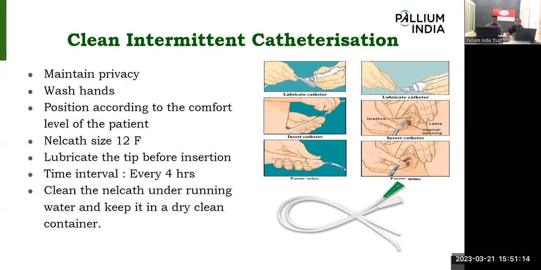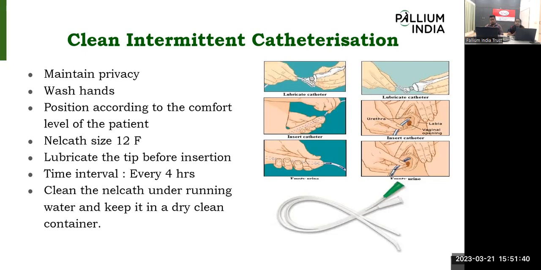They have to have some capacity to hold the urine, and they can do this procedure every 4 hours. So they can use the NELCAT, and before that you can train the patient so that they can do it themselves.